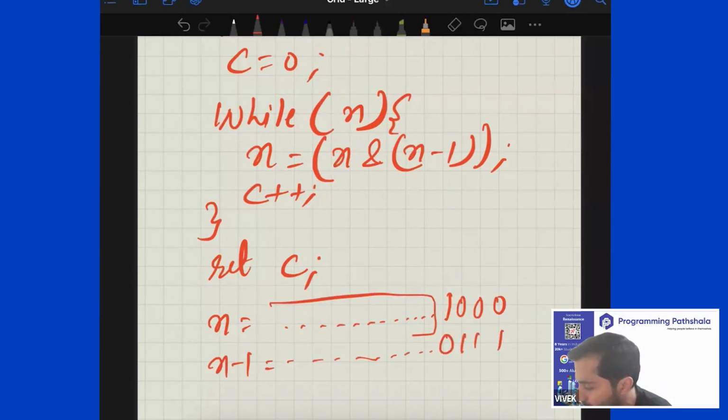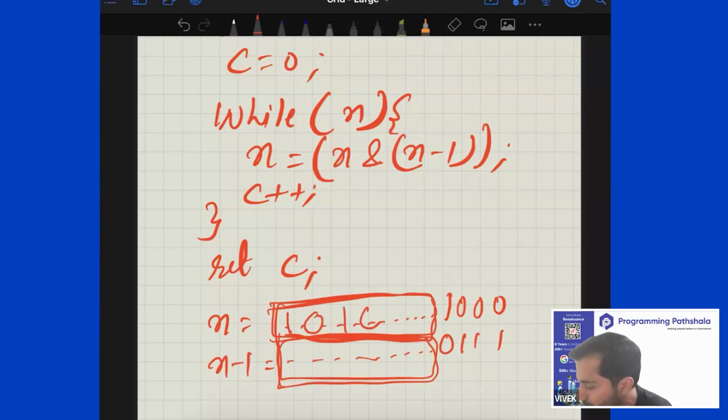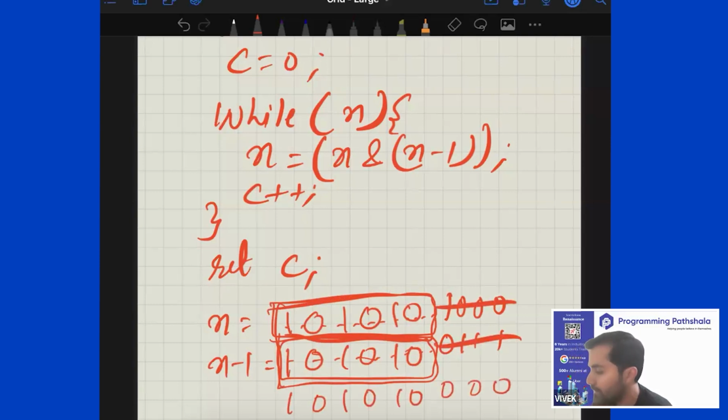All these bits are the same. So the AND of this part and this part will be the same because it's a carbon copy. If you have 1 0 1 0 1 0 1 here and you have 1 0 1 0 1 0 here, the AND of this and this is going to be the same, right? But this part will vanish. So what it means is that this one has vanished.